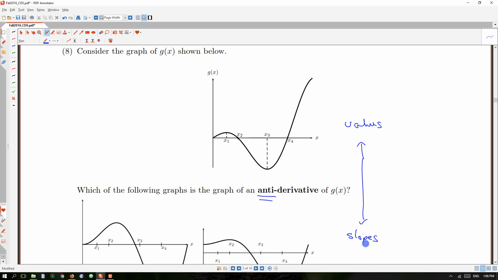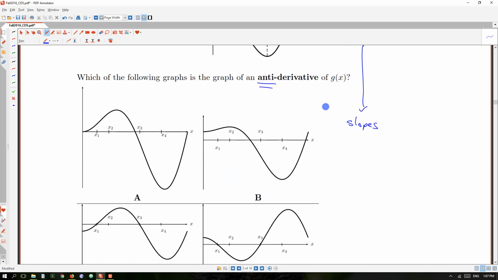One of the anchors for that are 0 values, and we have 3 of those. 0 values at the start, at x2 and x4 should translate into 0 slopes at x equals 0, x2, and x4. So we can look for those first and see what comes out.